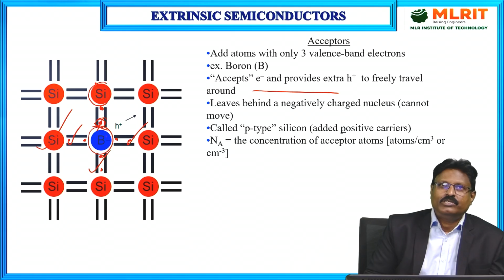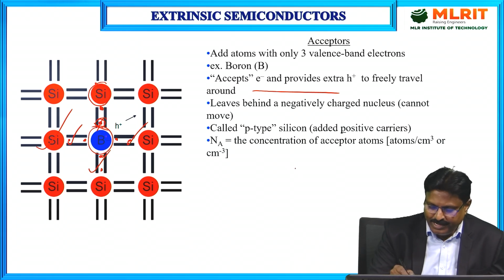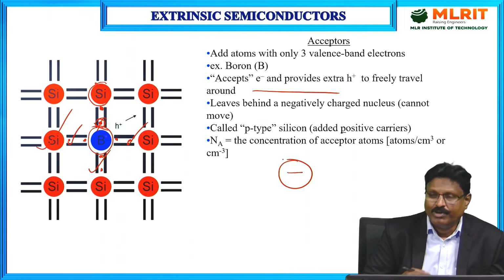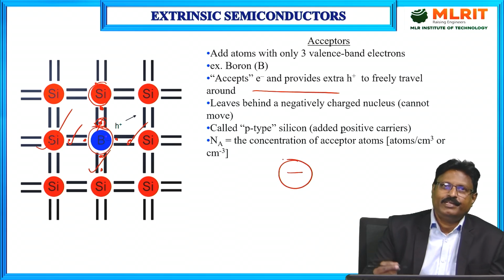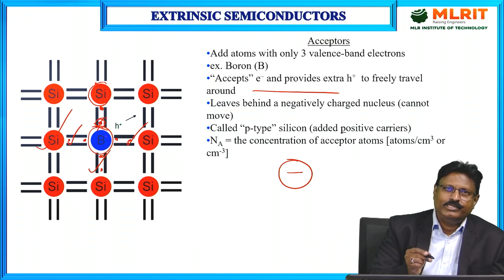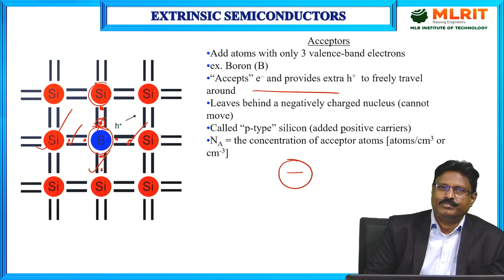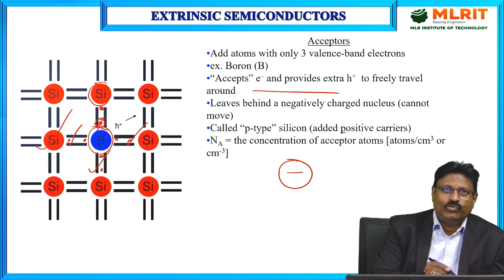It wants to accept an electron. That's why this particular ion is represented like this, a negative ion. Whereas earlier in the N-type semiconductors, the impurity atom is donating 1 electron into the system, losing its negative charge, becoming a positive ion. But here it is donating 1 positive charge into the system.